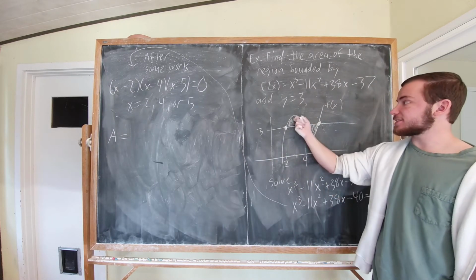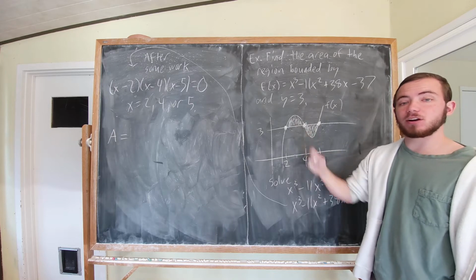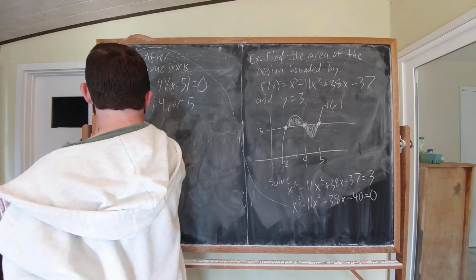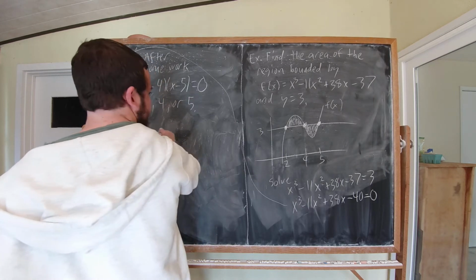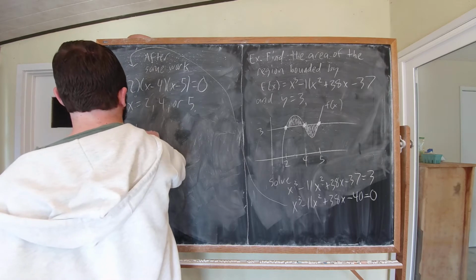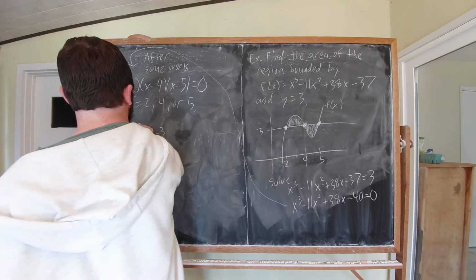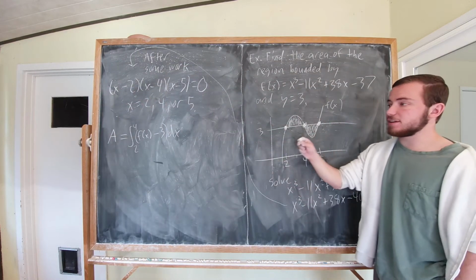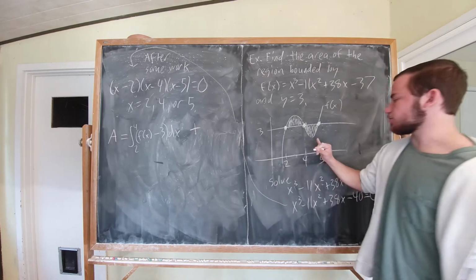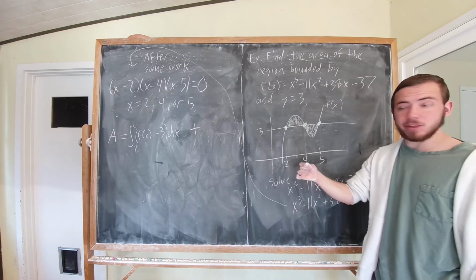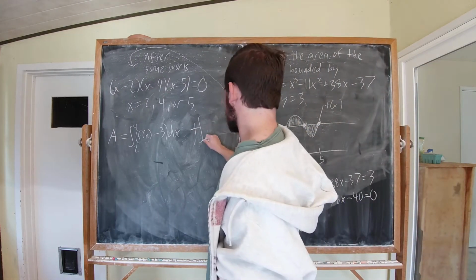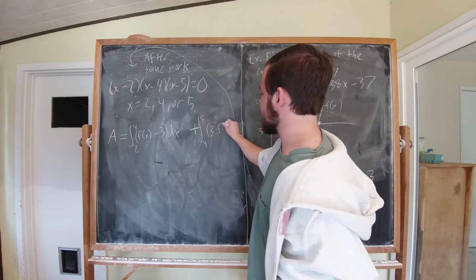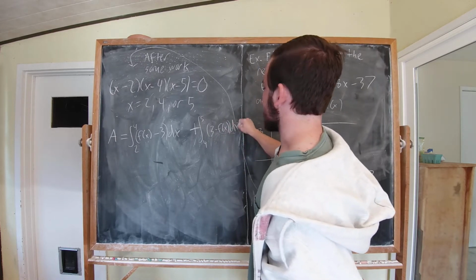Well, by our theorem, since f of x is greater than or equal to 3 on this region, that area is the integral from 2 to 4 of f of x minus 3 dx. Now we need the area of this region. What's the area of this region? Well, by the very same theorem, this is the integral from 4 to 5 of 3 minus f of x dx.